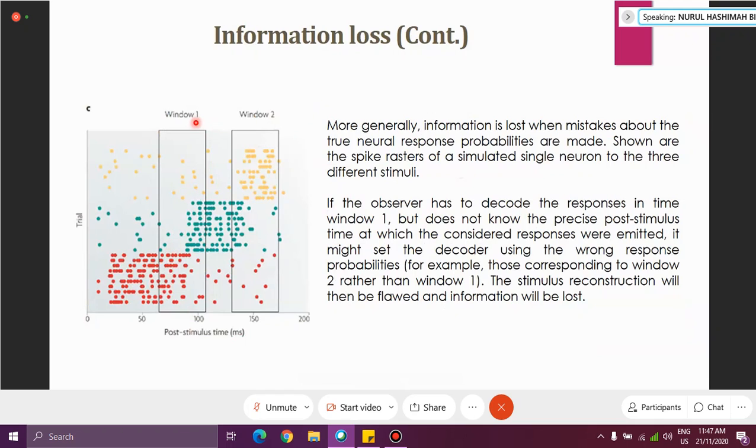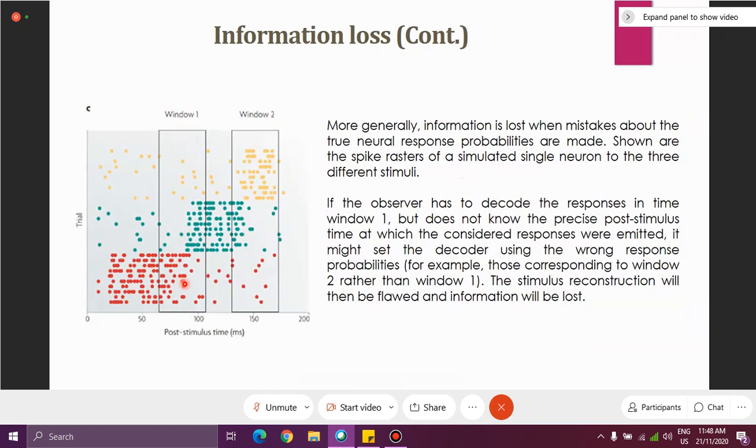If you put this on a raster plot, you could see that if you don't know where the stimulus onset is, then there is a lot of information, but you would not know and you would have the wrong probabilities.